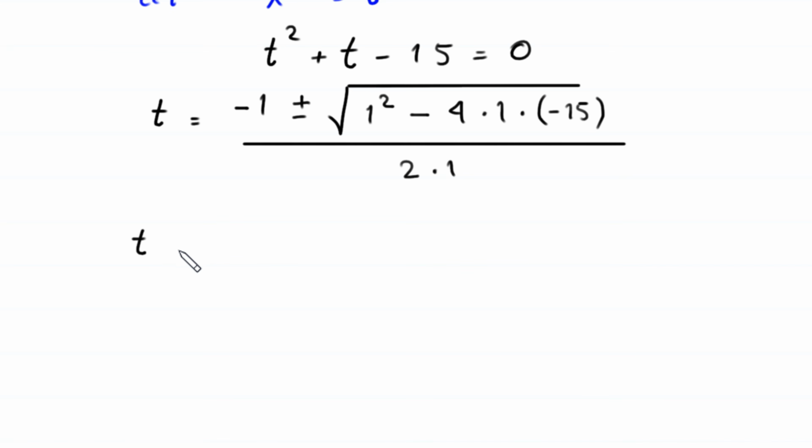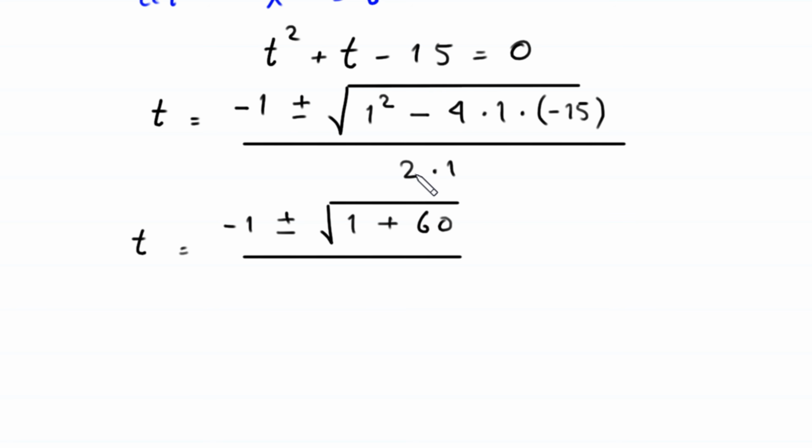Next, t is equal to negative 1 plus or minus the square root of, this 1 squared will become 1 and negative 4 times 1 times negative 15 will become plus 60, divided by 2 times 1, which is 2. And t is equal to negative 1 plus or minus root 61 divided by 2.